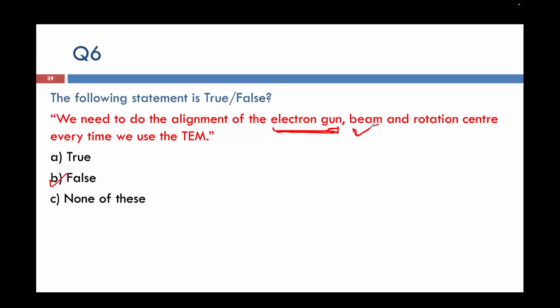But we do not change the position of the electron gun every time. Once some damage has happened, then we open the TEM column, inspect the electron gun, and then do the alignment. Every time we use the TEM we do not do that.